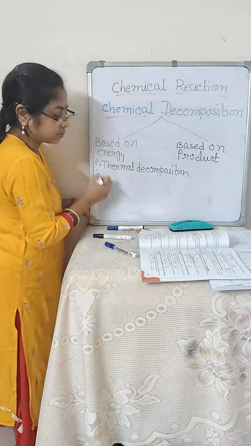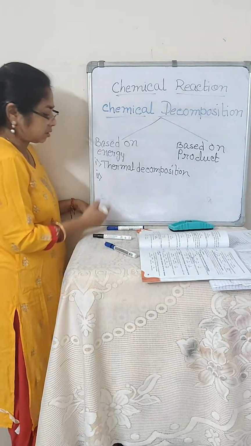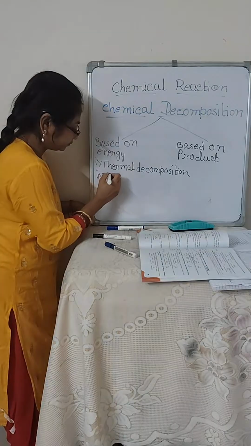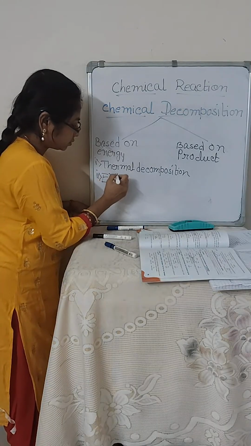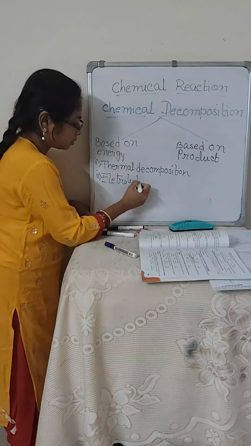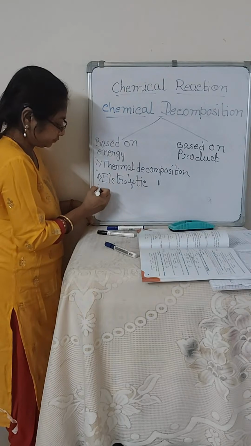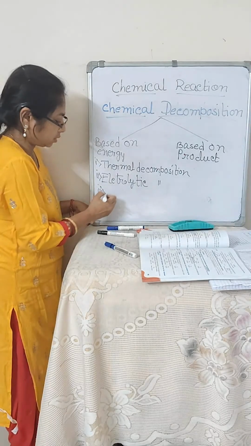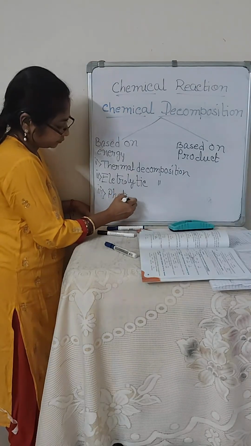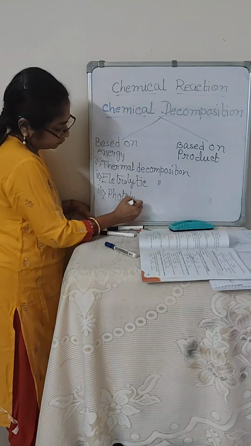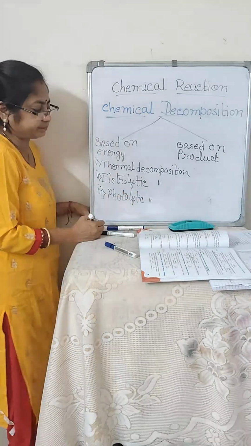Number 2, electrolytic decomposition. Number 3, photolytic decomposition.